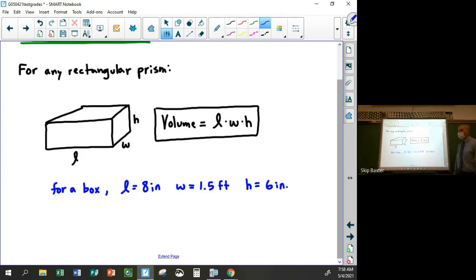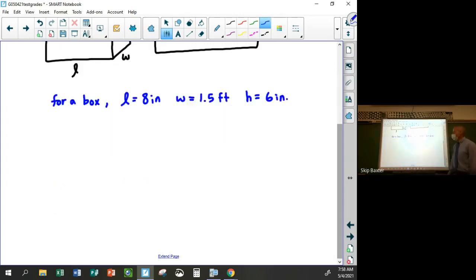The first thing you'd have to do is realize that the units aren't the same, so you have to change the units so that they're all the same. You can either change the 8 inches and 6 inches into feet, or you can change the feet into inches. That seems easier to me, because it's only one thing to do instead of 2. So that's the first thing I would do.